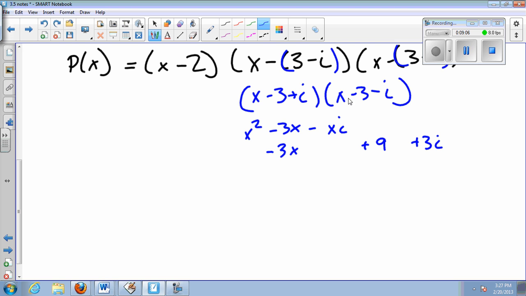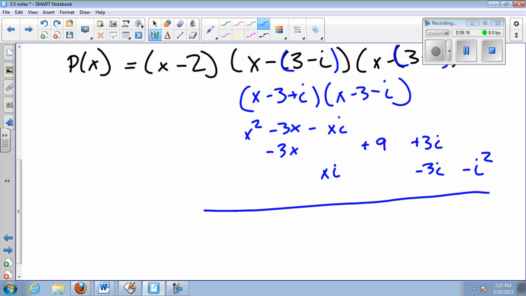And then we're going to get an xi, minus 3i, and then minus i squared. So we get x squared minus 6x. These cancel. Well, let's hold off on the plus 9. 3i minus 3i cancels. Negative i squared becomes negative 1, which goes to a positive. Add it with the 9, get positive 10.